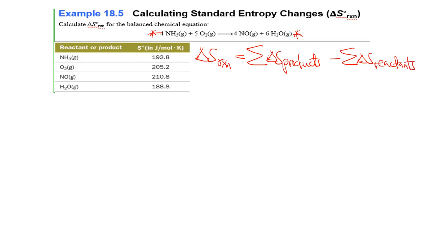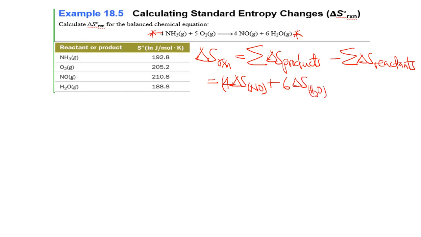So always. In this case, the products, we have 4 delta S of NO plus, so we'll put the products together, 6 delta S of H2O.